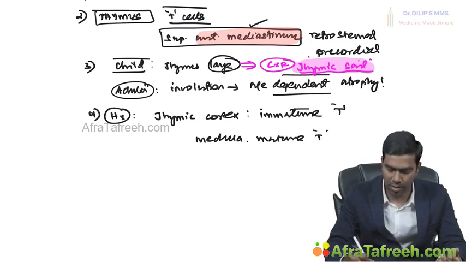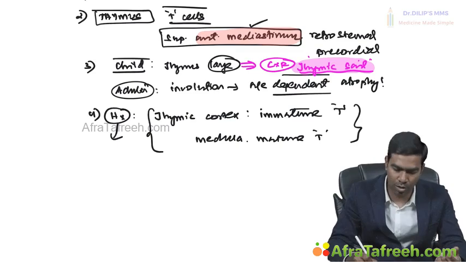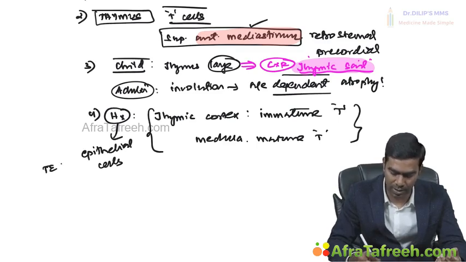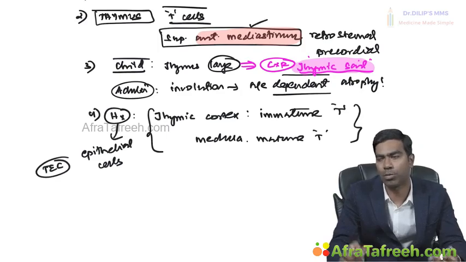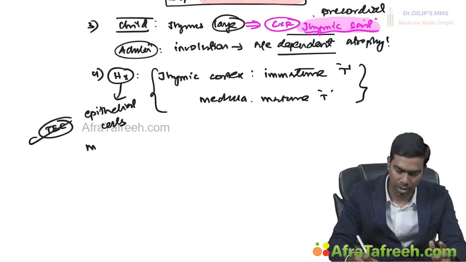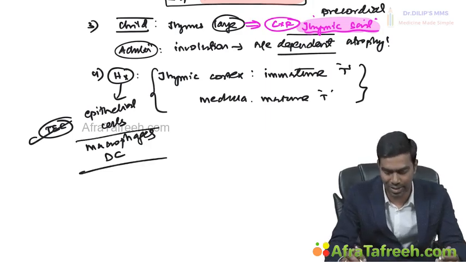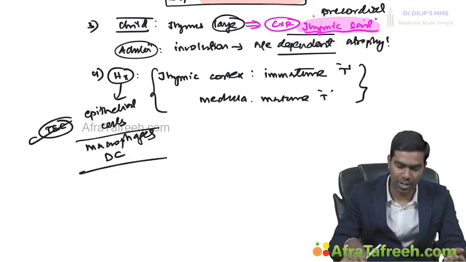Apart from this cortex and medulla, immature and mature T cells, the thymus also contains a whole lot of thymic epithelial cells. Remember, thymic epithelial cells are referred to as TECs. These are not thymocytes. Thymocytes are the thymic lymphocytes. These are thymic epithelial cells, which are also very important. They can have a lot of thymic macrophages and they can have DCs also. These are important for education of the T cells as well. These are the different components that you see in the histology.